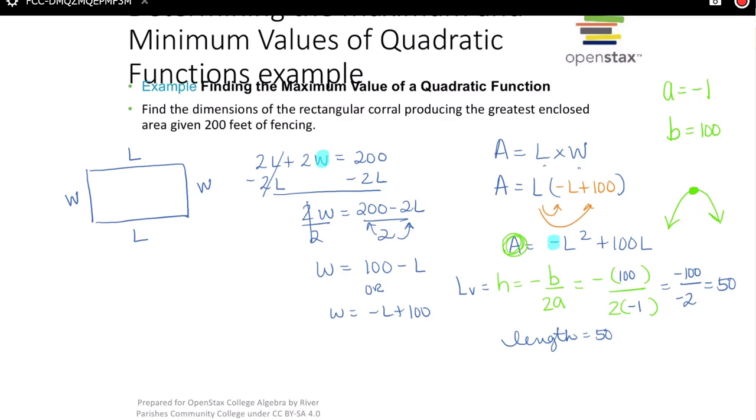Now, if I go and substitute 50 in here for the width, or into the width equation, we get W equals negative 50 plus 100, which is also 50.